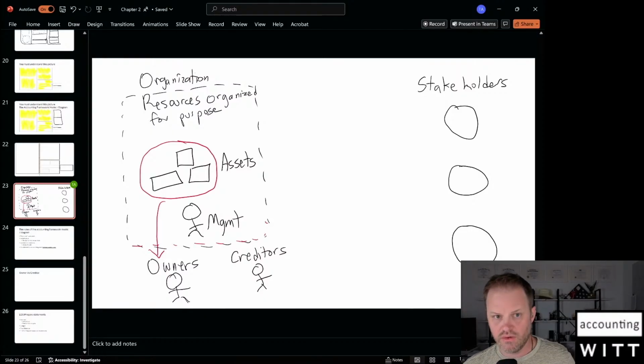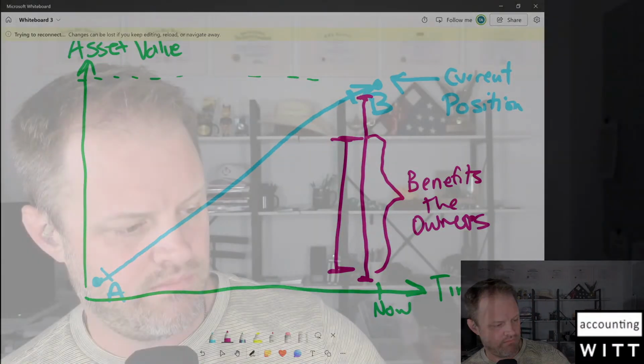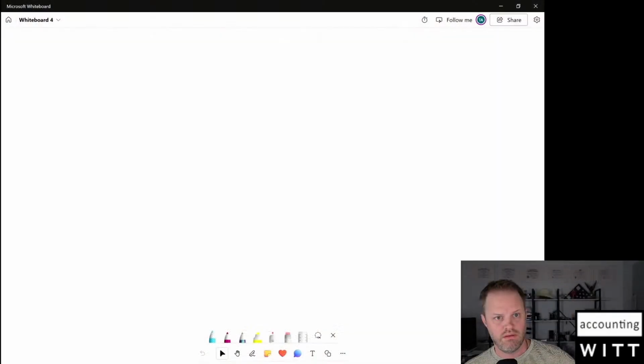So I kind of want to hold up. I'm going to do this on a whiteboard so that I can move stuff around as I change my mind. I'm trying to synthesize everything we've talked about up till now into a graphic that we can build off of.